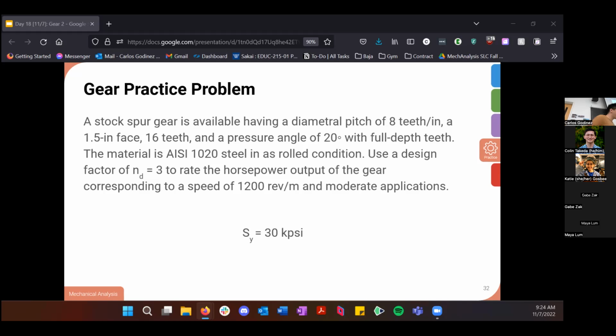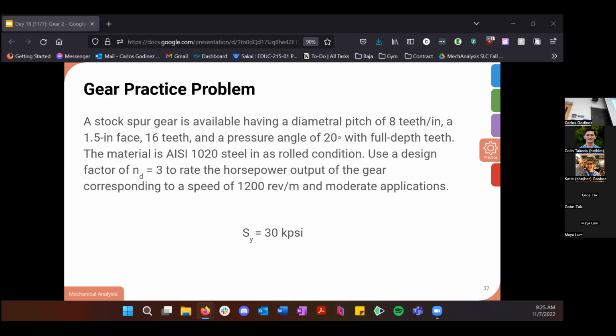What is Sigma? Sigma is bending stress. In general, sigma is going to be a stress state, and there are varying kinds.